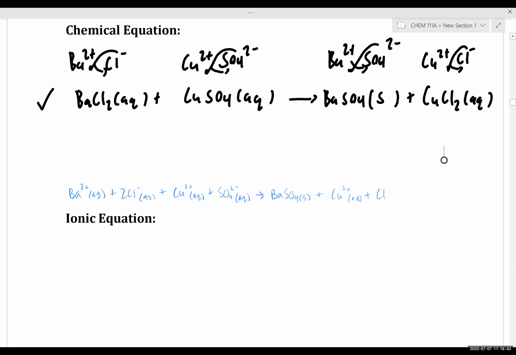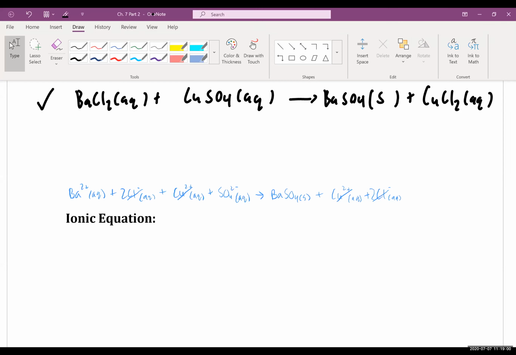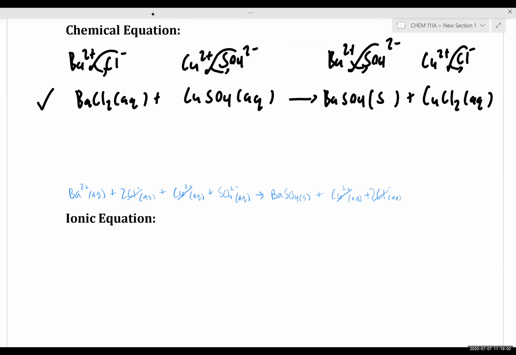And the proposed net ionic equation that I see in the chat looks perfect so far. So considering the class's pool of responses and the fact that everything looks quite good so far, let's now discuss this example and let's draw the instructor solution. But the responses I see look perfect.